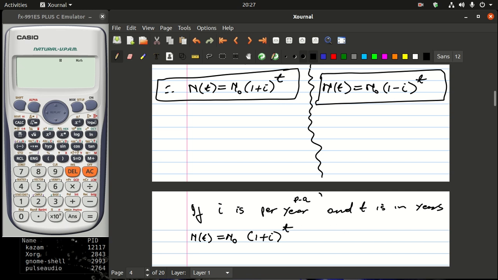And then for decay, we're going to have N of t is equal to N naught times 1 minus I raised to some t, if I is per annum and t is in years.